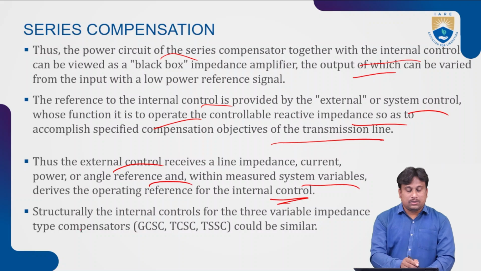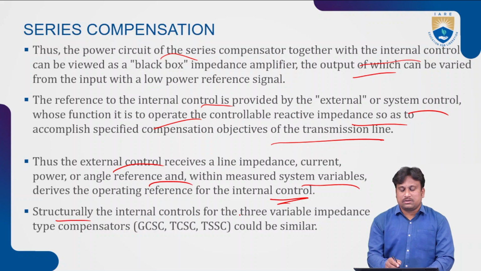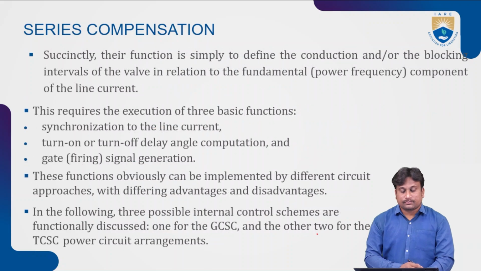Structurally, the internal controls for the three variable impedance type compensators like GCSC, TCSC and TSSC could be similar in nature. Strictly, the function is simply to define the conduction or blocking intervals of the valve in relation to the fundamental component of the line current.